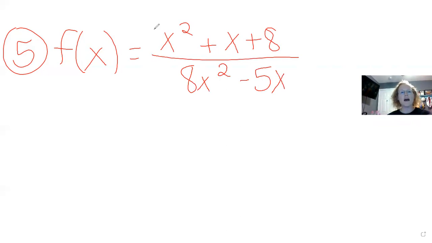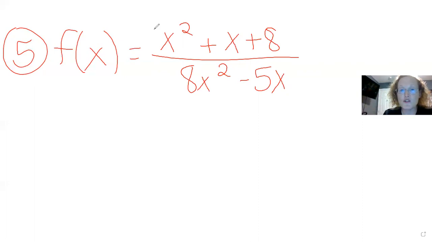So here we go. f(x) equals (x squared plus x plus 8) over (8x squared minus 5x). And once again, you still want to find your restricted values. A lot of times people get real antsy on this one and think it doesn't fit the rule because it's got a quadratic in the top and a quadratic in the bottom.